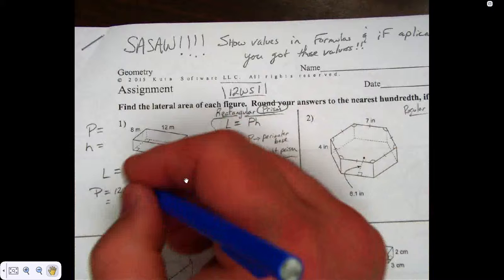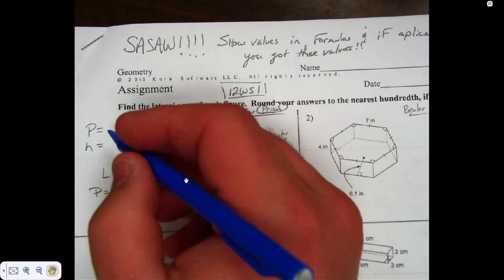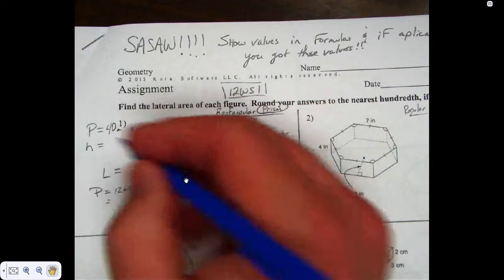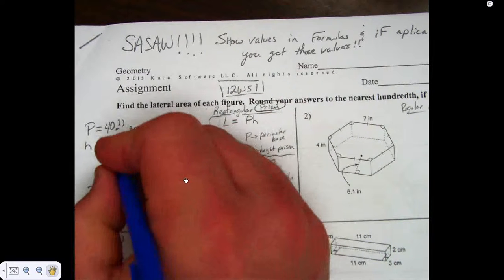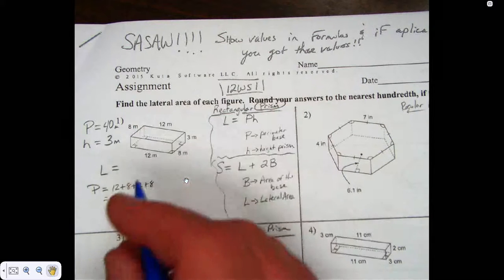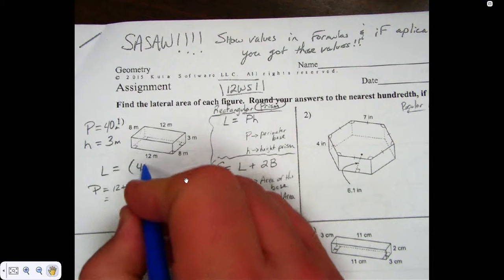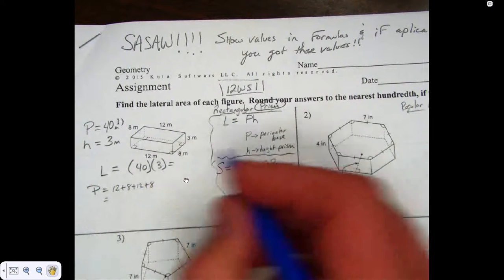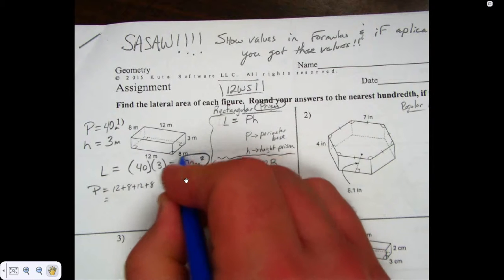H. What is our perimeter? 40. What is our height? Okay. So if I got everything to put into the formula, the rest is calculator work. What is your answer? 120 what? Meters squared, and circle your answer.